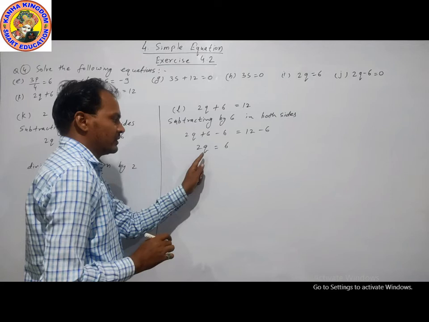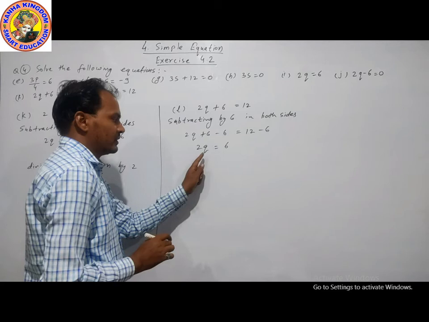2y plus 5 by 2 is equal to 37 by 2. This is our equation. Now minus 5 by 2 on both sides. Minus 5 by 2 and minus 5 by 2. Plus and minus cancel, leaving 2y.